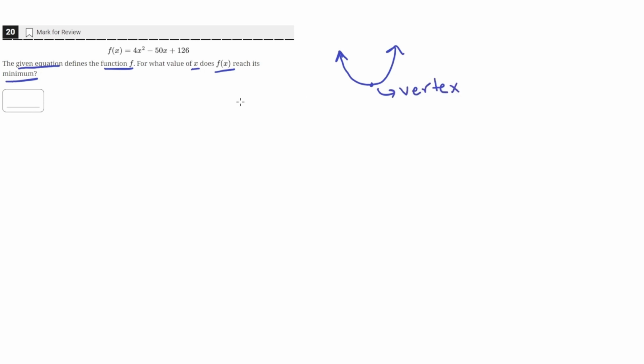So really, in order to find the minimum value of the function f of x, we just need to find where the vertex occurs. And the vertex for any quadratic is equal to negative b over 2a, where the b value is the coefficient of the x term and a is the coefficient of the x squared term.